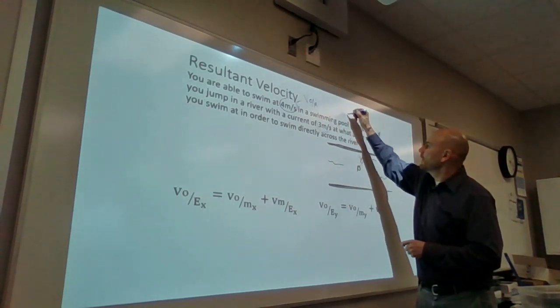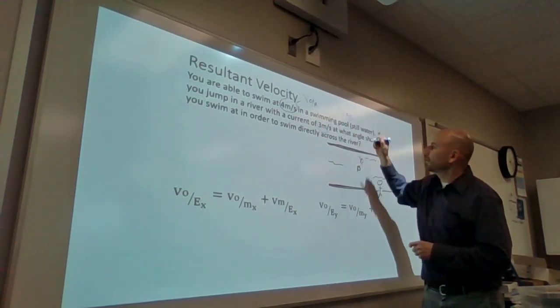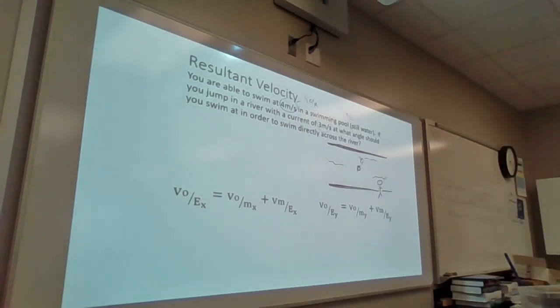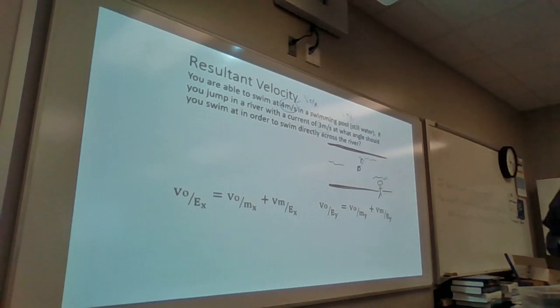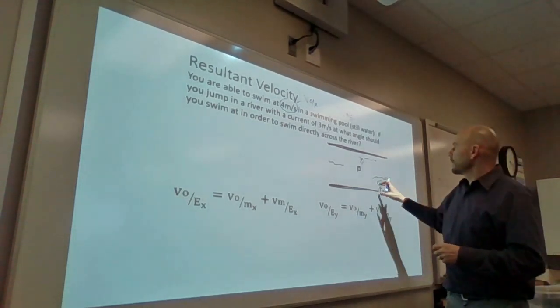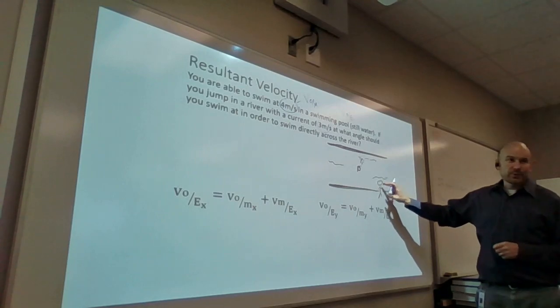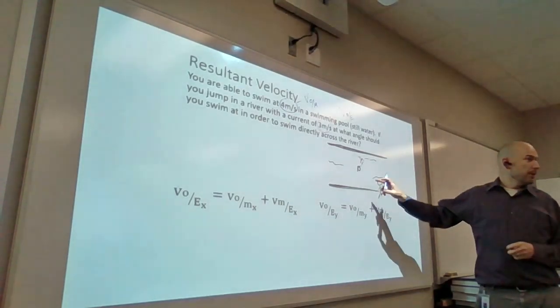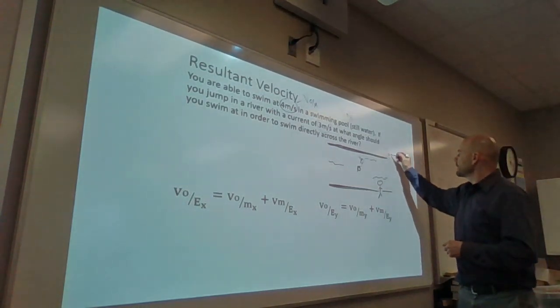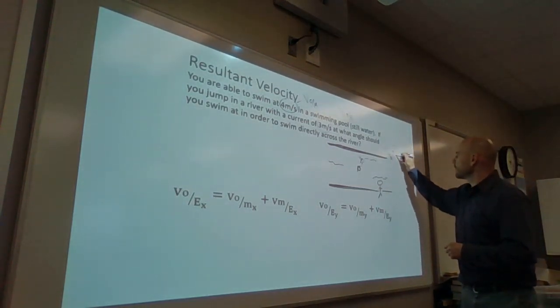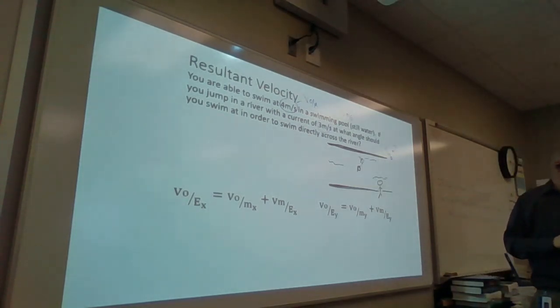Yep, the velocity of the medium relative to Earth, to a stationary reference point. This is the Earth. And what I'm looking for is how fast the person standing on Earth sees me swimming. So I'm looking for the velocity of the object relative to Earth. Does that make sense?